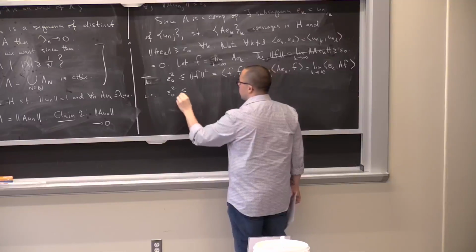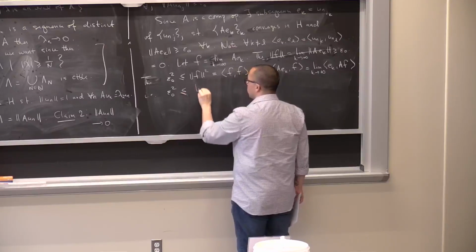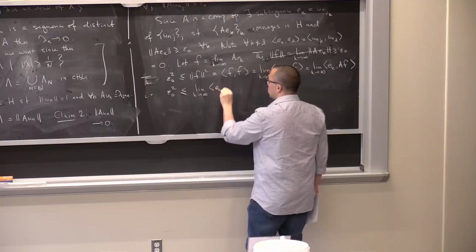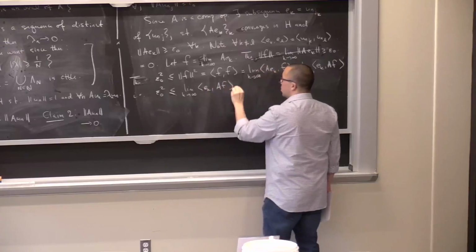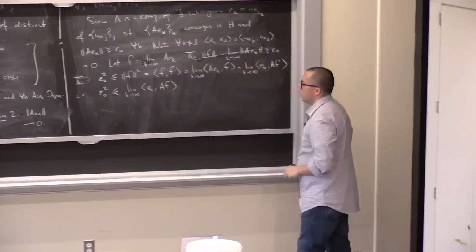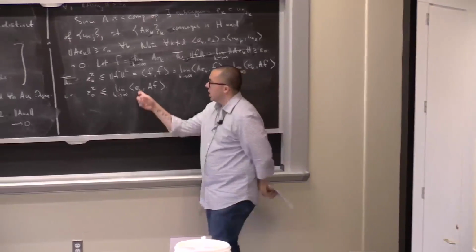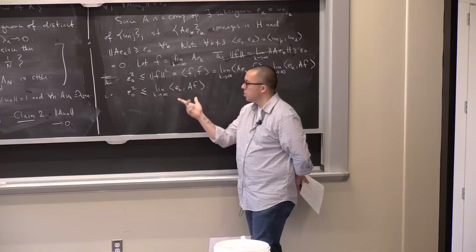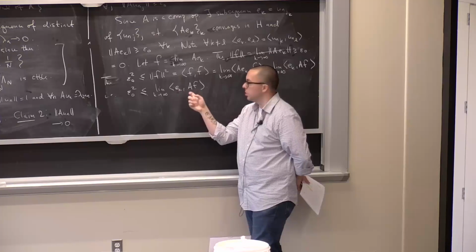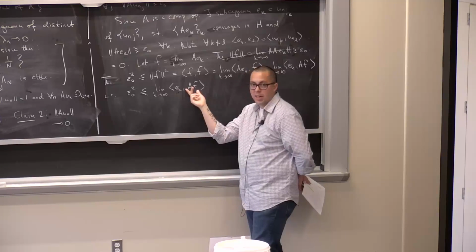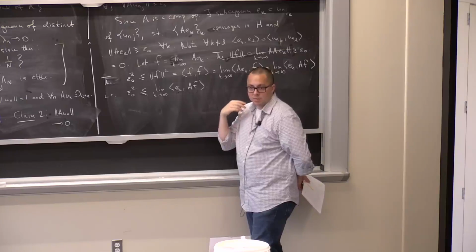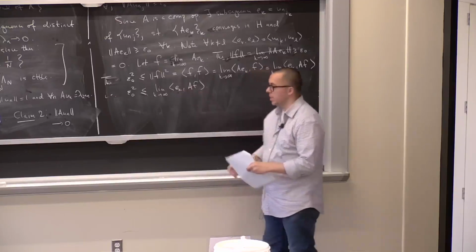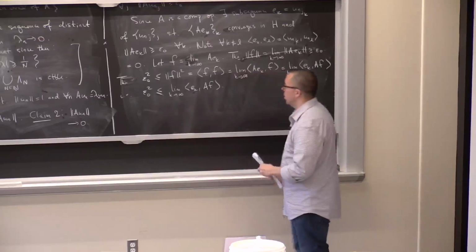I mean, it's a real number, and it's bigger than or equal to epsilon 0 squared. Now, here's the problem. I have here a sequence of orthonormal vectors, right? And I know that the sum of squares of these Fourier coefficients, which are Fourier coefficients for A applied to f, this sum of squares is finite. And therefore, this has to go to 0. And that's the contradiction to the epsilon 0 squared.